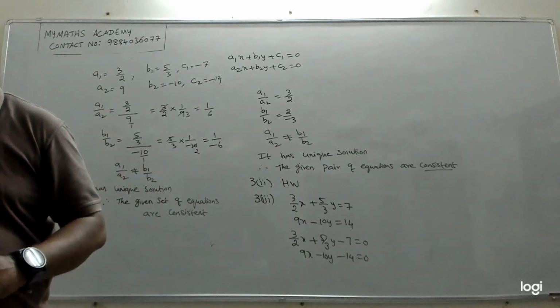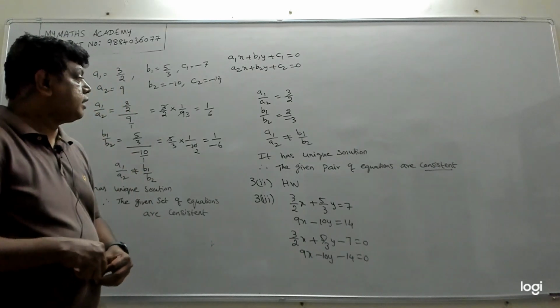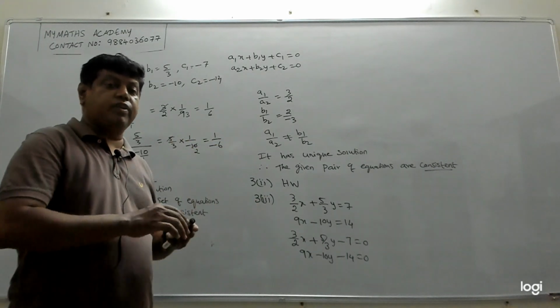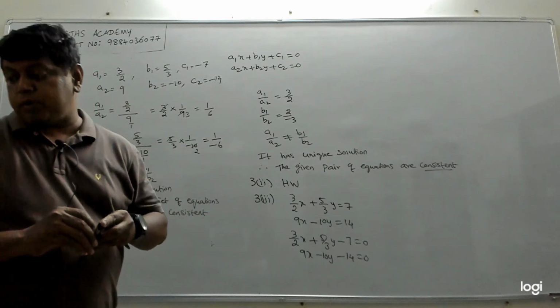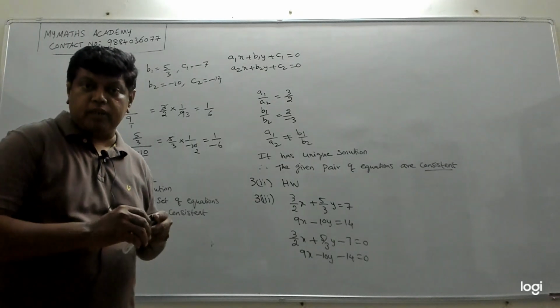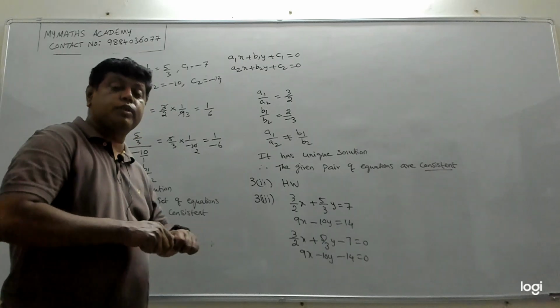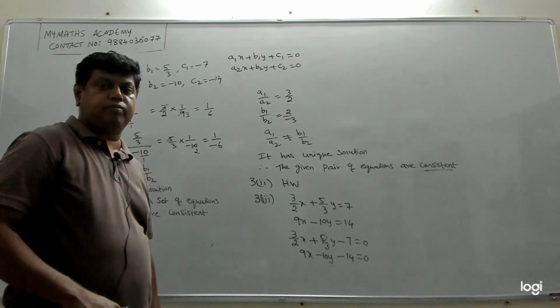What it says is, we have to first check whether the equations are consistent or inconsistent. Same way you have to do. If it is inconsistent, you need not solve them. But if it is consistent, you have to obtain the solution graphically, which means you need to draw the graph and then obtain the solution.